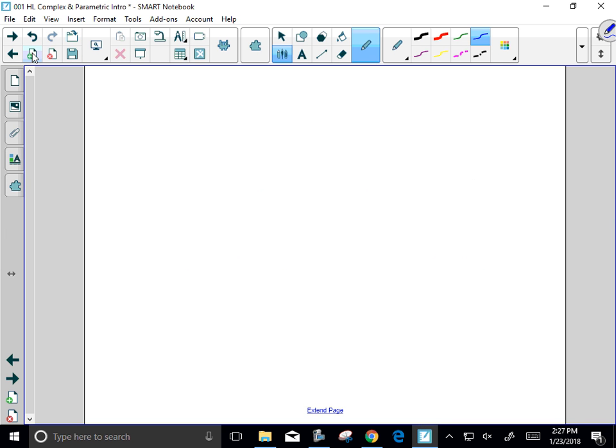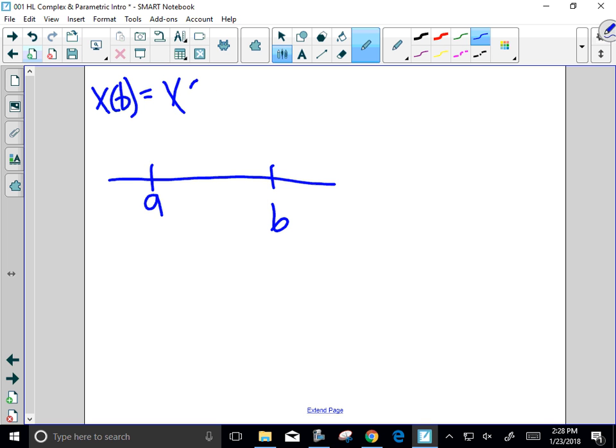Here's what happens. Let's say we're in position A and we want to get to position B. To find out what position B is in the x, you have to start out at position A, and then you're going to add the integral from A to B of the derivative of x of t dt.